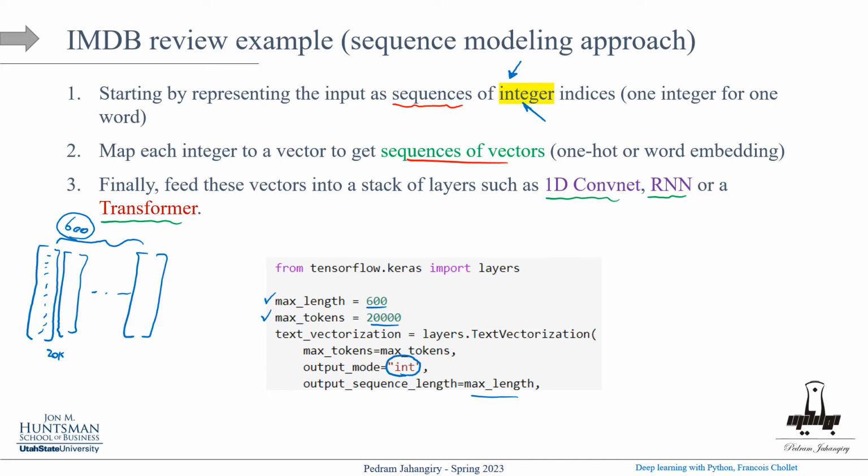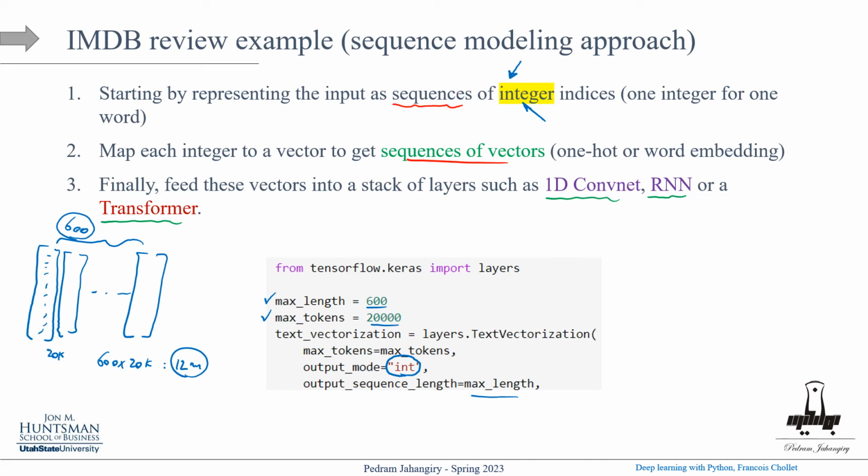As you can see, there's lots of multiplication going on here between 0s and 1s. Right away, 600 multiplied by 20,000 is a large number, basically 12 million floats. So as you can guess, if I do one-hot encoding, it's going to be slow because of this large number of float calculations for just one single review, right?